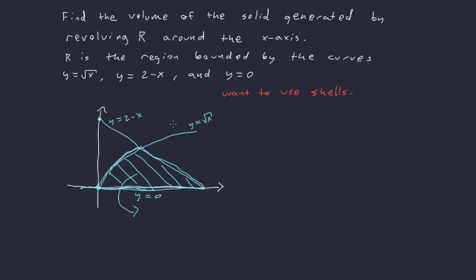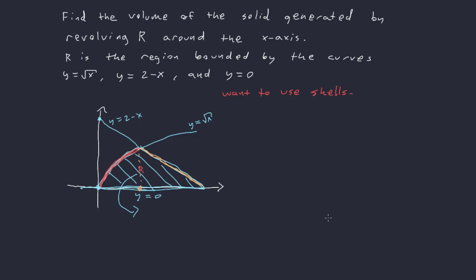However, when integrals are in terms of x, they go bottom to top, but as we can see, the top function on this side of the region is this one, but then on the other side here, it changes. So it would require two integrals once again. We'd have to find where this breakpoint is, and set up the two integrals.